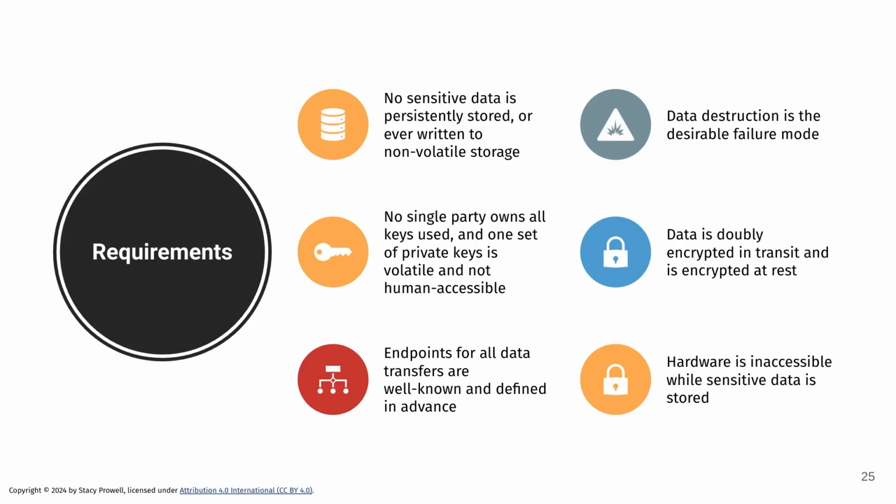No single party owns all the keys used, right? So one of the hard things to think about in this effort is there are tons of keys being used. There's a key used to authenticate the jurisdiction with the black box, one used to authenticate the black box with the jurisdiction. These are pairs of keys, and others as well. There's host keys in both directions, etc. When the black box starts up, it creates virtual keys for everybody, and the private key is always kept on the black box.